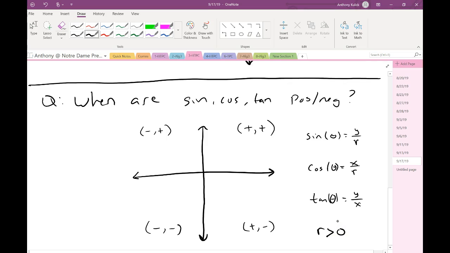Remember, r is the distance from the origin to that point on the terminal side of our angle. r will always be a positive value because r is always a distance. It's not represented by either the x or y coordinate. If I look at this then, in the first quadrant, sine would be positive over positive, cosine would be positive over positive, and tangent would be positive over positive. So all three of them are going to be positive in the first quadrant.